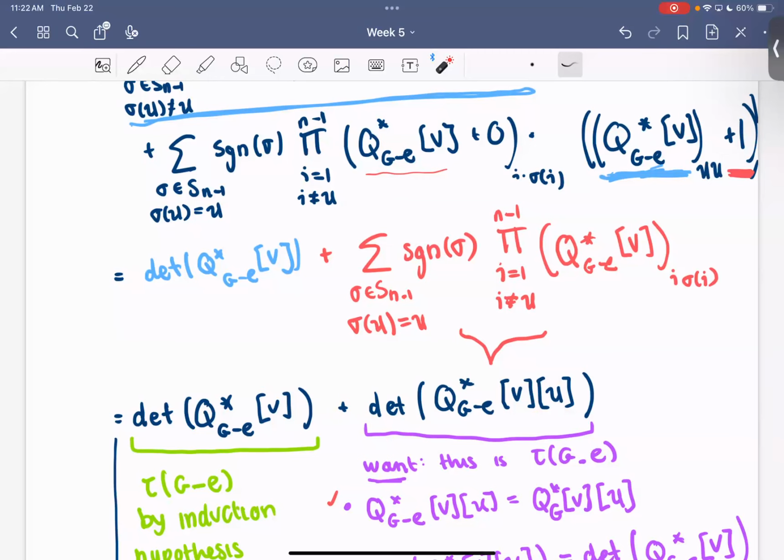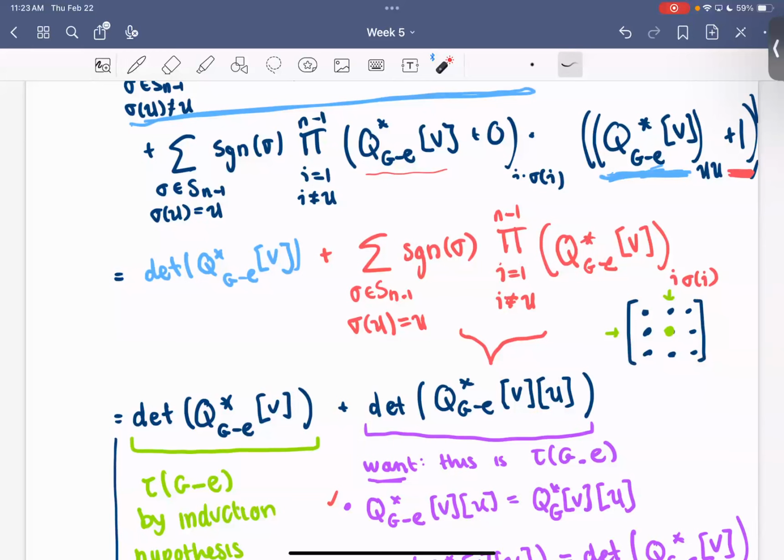Yeah, so okay, let's think about it. I'm going to draw a picture of a matrix. Let's say we have some entries, and let's say this is the UU column and row. What the determinant wants to do is pick non-attacking rooks inside of this, right?